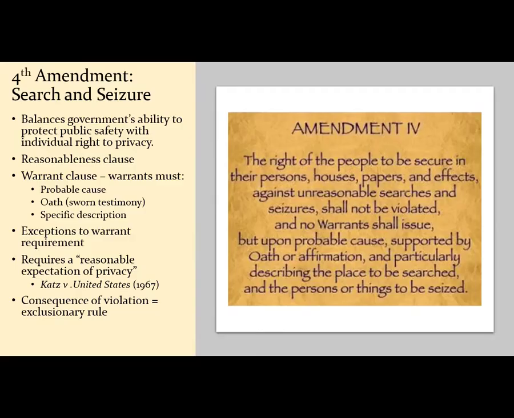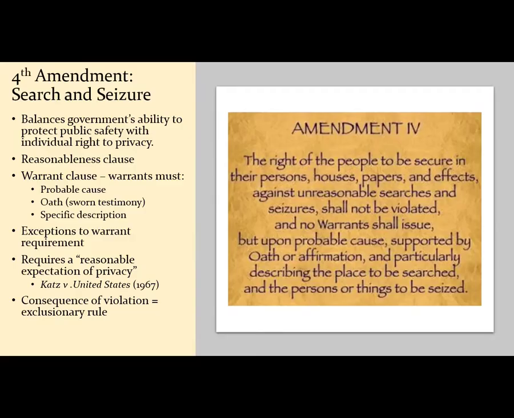I didn't tell you the story of the Katz case. It is pretty important. It involved a wiretap that was placed on a telephone booth. And this is like the old-fashioned telephone booths, the box things that you might see on the side of a sidewalk somewhere in a park maybe, with a landline, rotary dial phone that you would pick up, put a quarter in, and make a call.